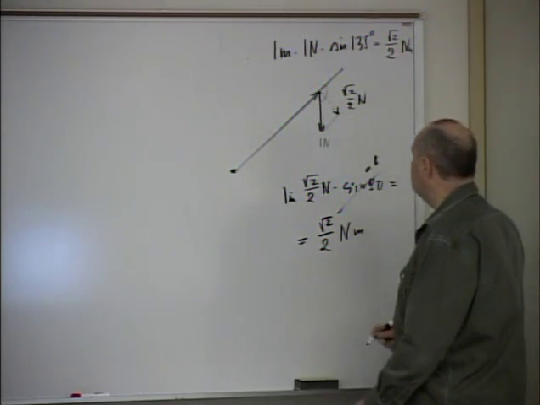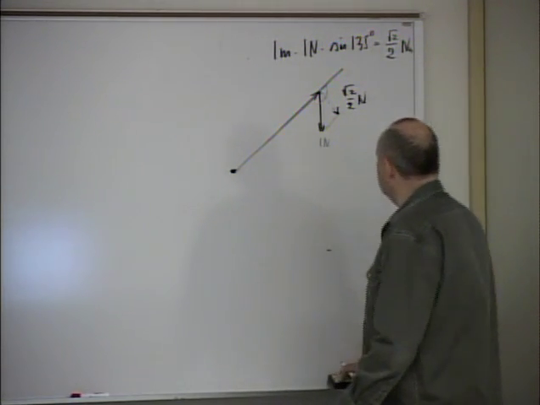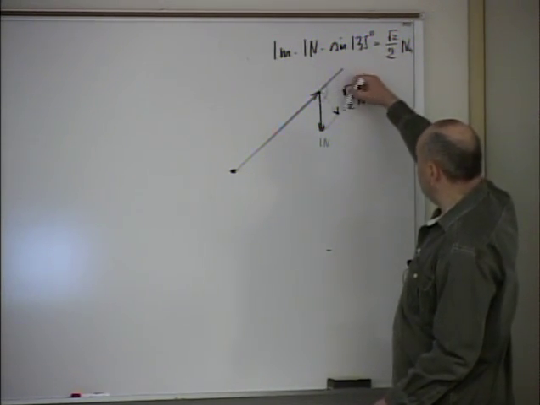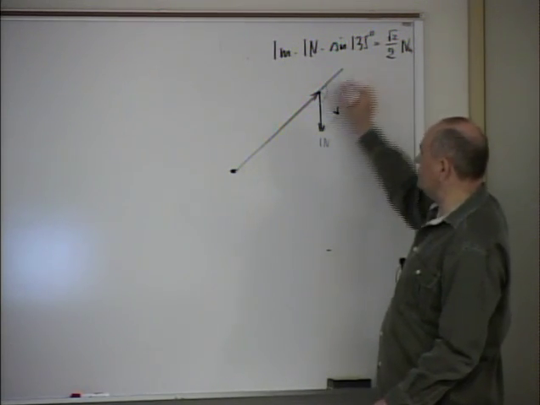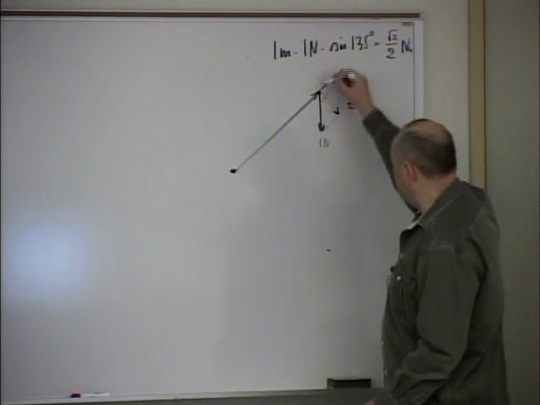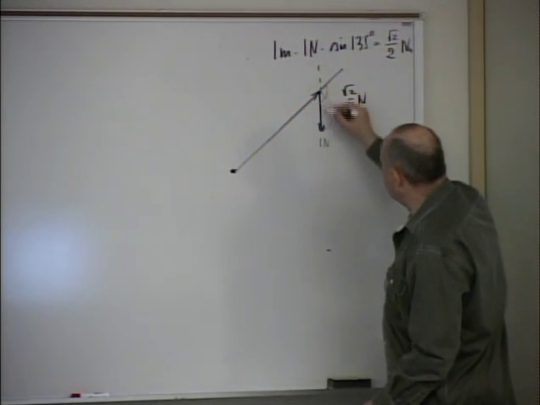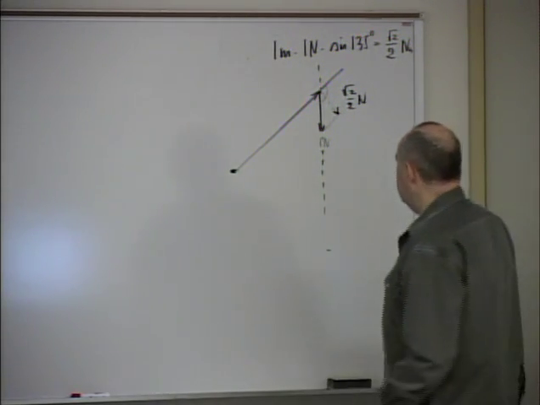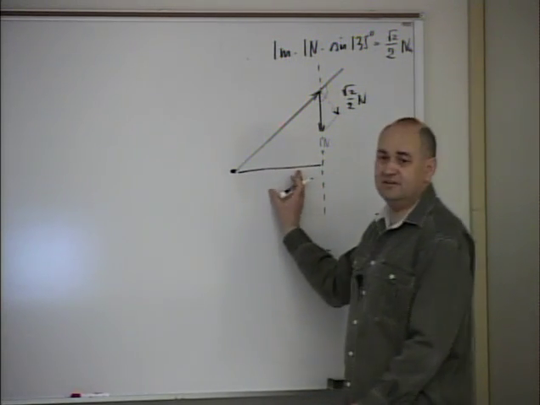Now I can also do it the third way. Rather than taking the component of force perpendicular to the position vector, I can take the component of the position vector perpendicular to the direction of the force. Actually, that line is referred to as the line of force. It's over here, the component perpendicular.